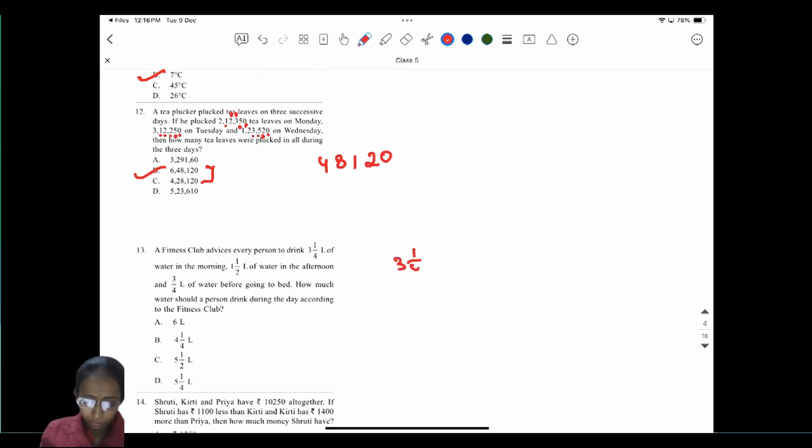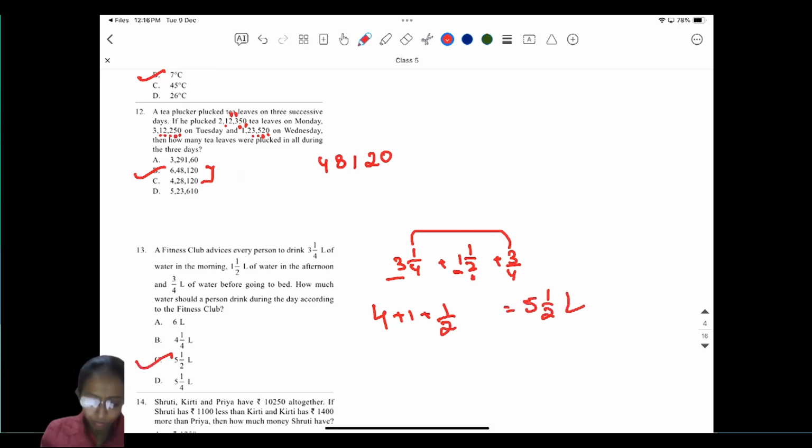So 3 1/4 plus 1 1/2 plus 3/4. We can see 3 and 1, that is 4. 1/4 and 3/4 is 1 and half. So the total is 5.5 liters of water. This is the way we can do the questions very, very fast.